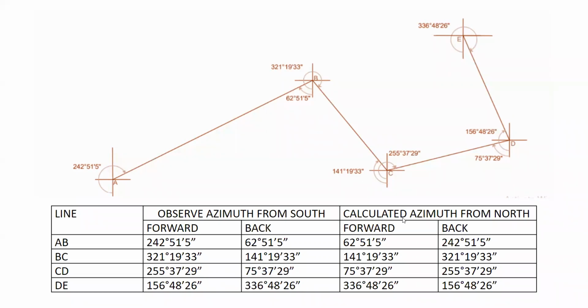So, paano naman mag-calculate azimuth from the north? Okay, let's say from north tayo. Dito tayo magsisimula ulit. Dito yung from line AB, BC, CD, DE. Okay, diyan tayo magsisimula. So, magme-measure tayo from north.